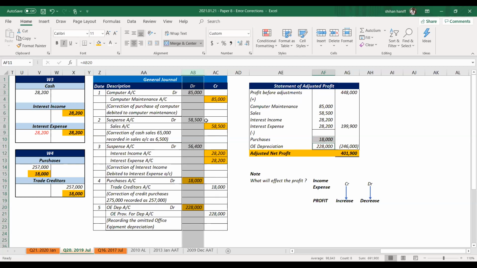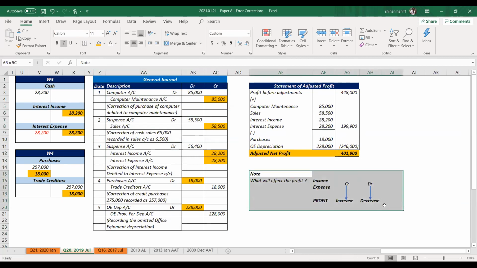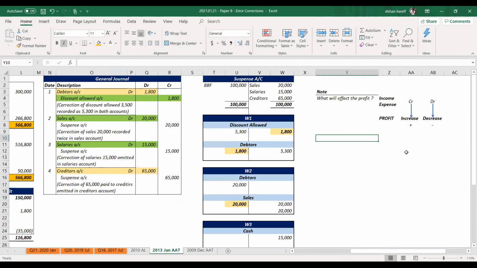Only income or expense. So first you identify income and expenses from the general journal. Don't take assets, liabilities, equity and suspense account. You take only income or expense. Highlight them. Then if it is credit plus, debit minus, based on this note. So I hope that's clear. Any other doubts?